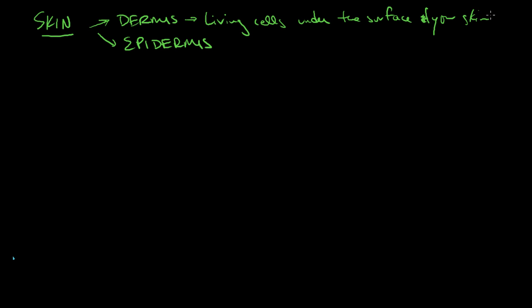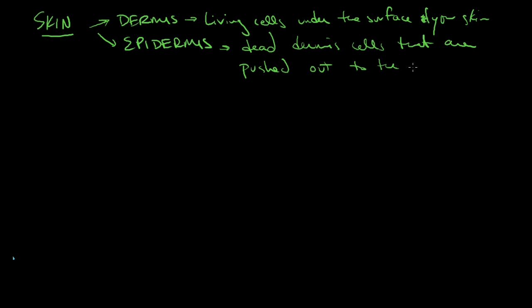This is where we have blood capillaries, we have nerve endings. The epidermis are the dead dermis cells that are pushed up or maybe pushed out to the edges. So your outer layers are dead cells, and because they're dead, pathogens have a hard time attacking them.